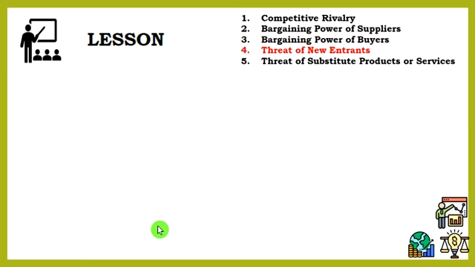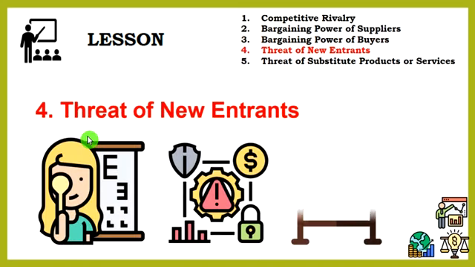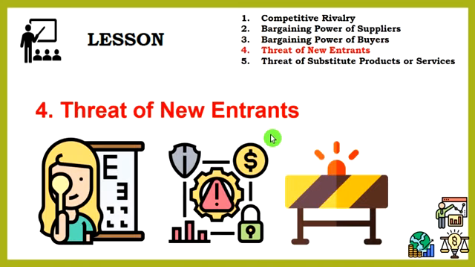Number 4 force, threat of new entrants. This force examines how easy or difficult it is for the competition to join the marketplace in the industry being examined. So the easier it is for a competitor to join in the marketplace, the greater the risk of a business's market share being depleted.